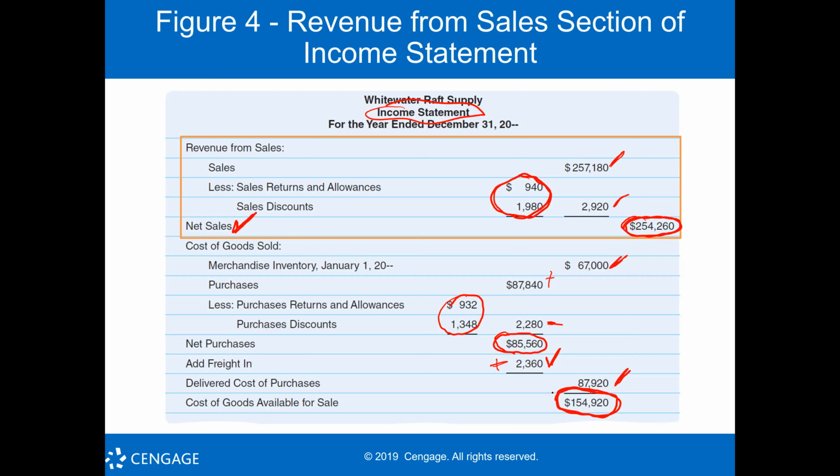And what they're not showing us on here is that after we have cost of goods available for sale, if we subtract our ending inventory, that equals our cost of goods sold, right? So cost of goods available for sale minus ending inventory gives us cost of goods sold.